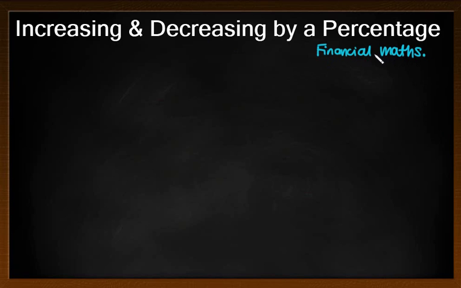Now, we've already looked at finding a percentage of an amount. For example, you might have been given something like, find a nice easy one, 10% of $50. Hopefully without a calculator, you know that there are 10 lots of 10% in 100%. That's 100% of our amount.